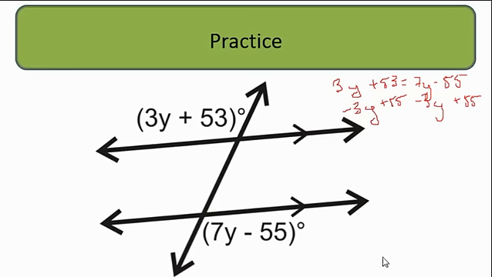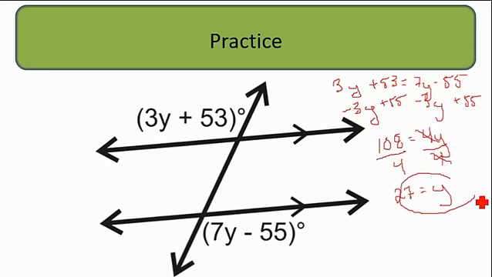I'm going to end up with the expression 108 equals 4y. Divide the right side by 4, divide the left side by 4. 108 divided by 4 is 27.